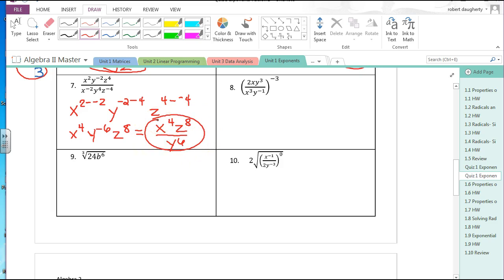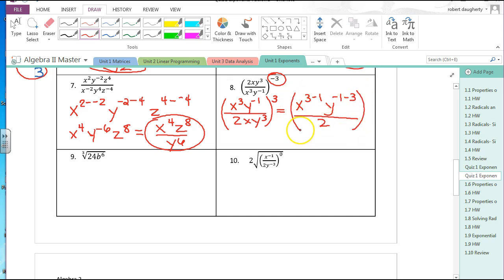Okay. Number 8, the key thing that I look at is this negative 3 exponent. I want to make that a positive exponent. So I can flip the numerator and the denominator. All of that is raised to the third power. Now I'm just going to simplify inside the parentheses. This is x to the 3 minus 1, y to the negative 1 minus 3 over 2.